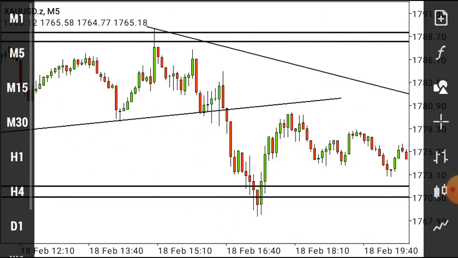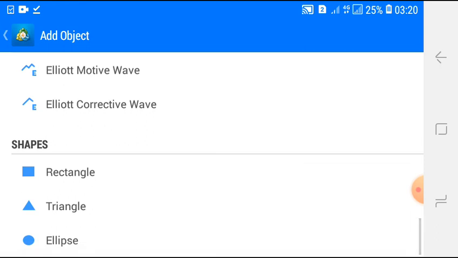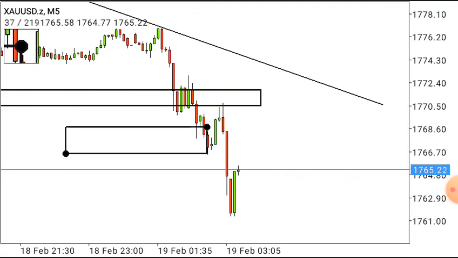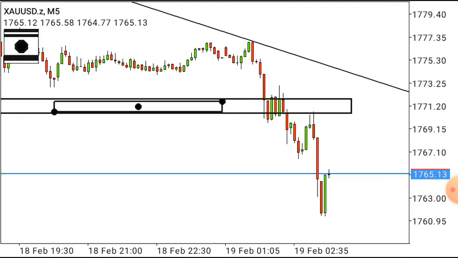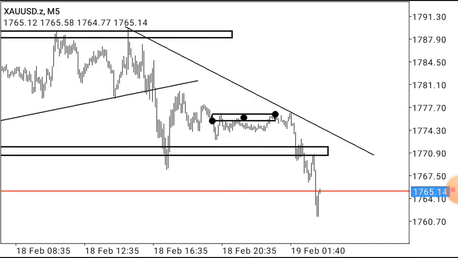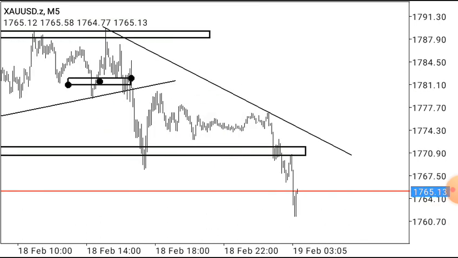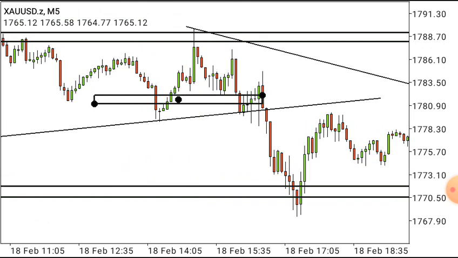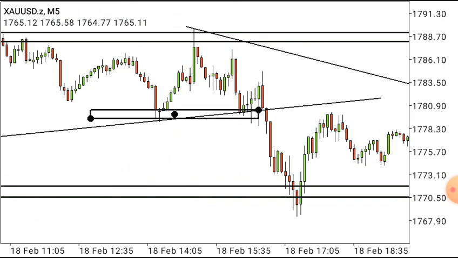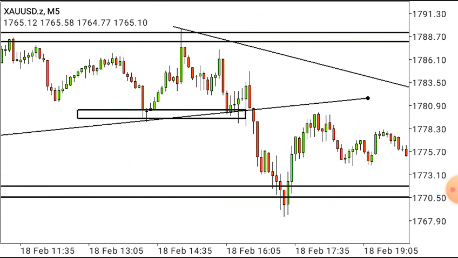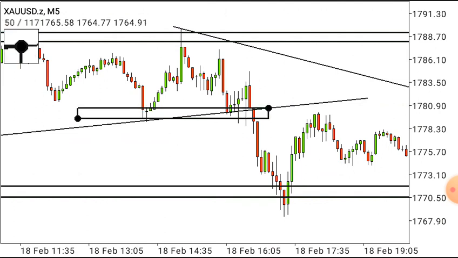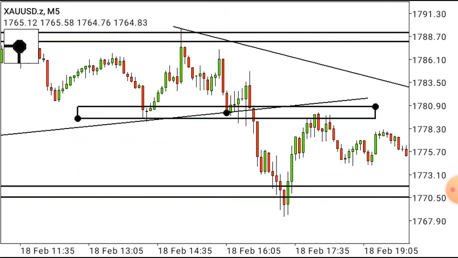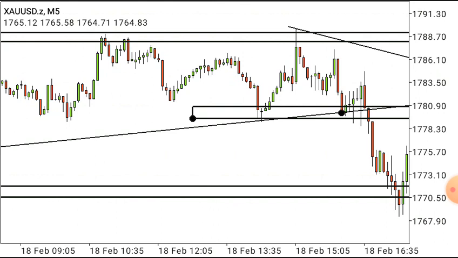You can see the market actually came back over here to retest this previous level as well. This was a level as well.